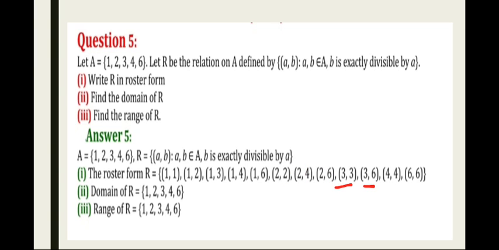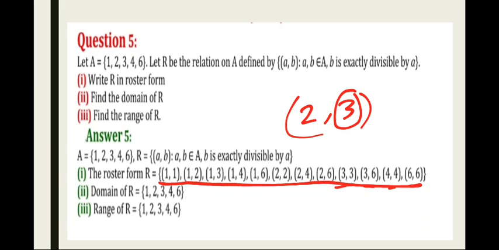Then 3, 3; 3, 6; 4, 4; 6, 6. As you can see in this collection, every second element is divisible by the corresponding first element, but you cannot take 2, 3.